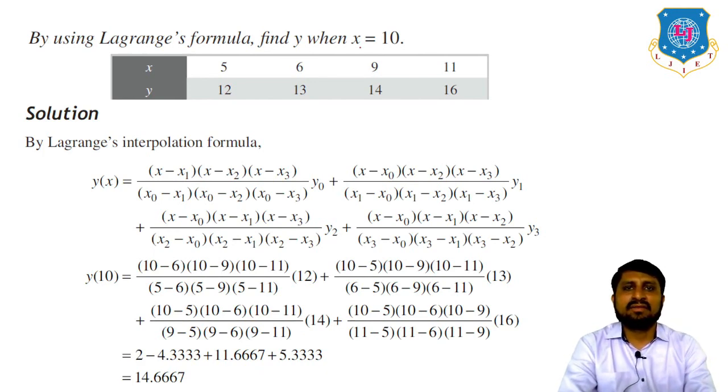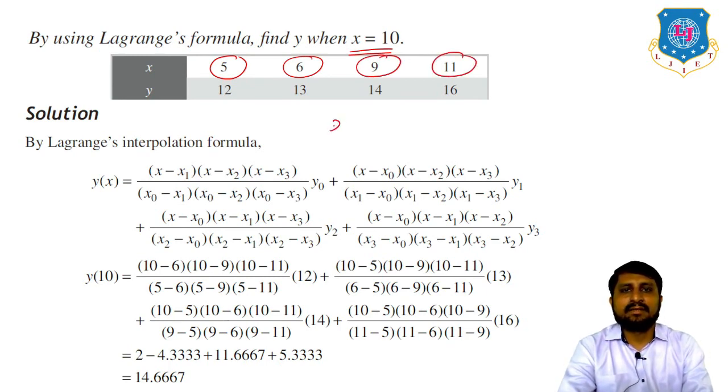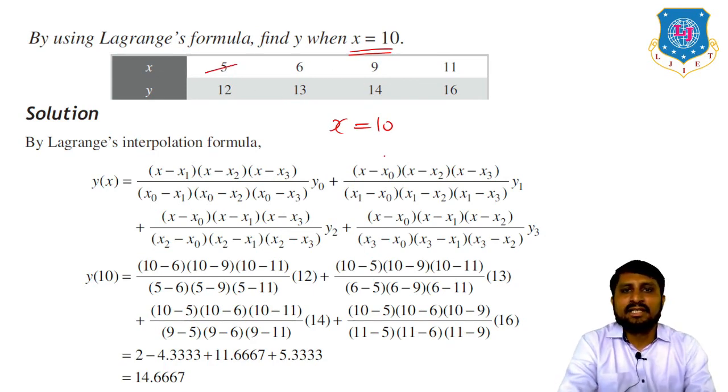Find y when x is equal to 10. The values of x are 5, 6, 9, and 11. X is equal to 10. So try to understand the first term. Here 5 is missing, so in the numerator we have 10 minus 6, 10 minus 9, 10 minus 11.